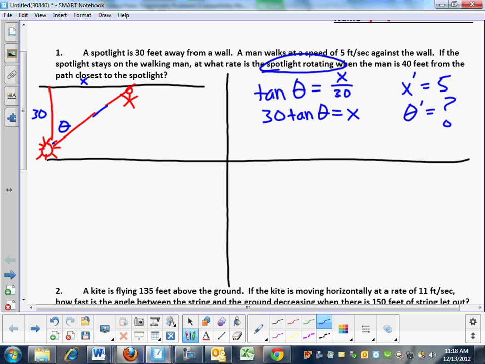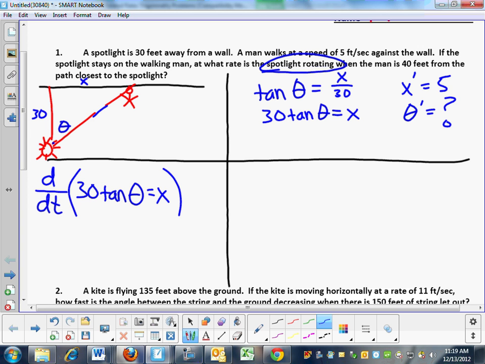That's what we're solving for. X is changing, theta is changing. What's the variable that's not on the board that's changing? Starts with T, time. So we take the derivative with respect to time of my equation, which is 30 tangent of theta is equal to X.